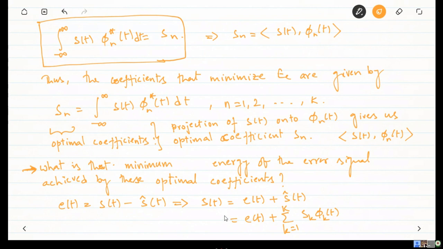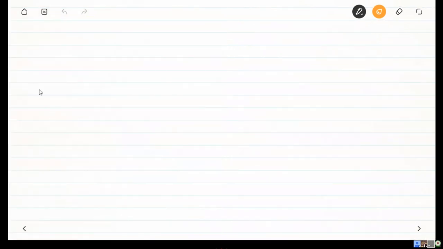So now we want to find a similar equation which relates these energies. So when the signal s of t is nothing but the error signal E of t plus s hat of t, in energy terms, what happens is the energy in the signal s of t is equal to the energy in the error signal plus the energy in s hat of t.